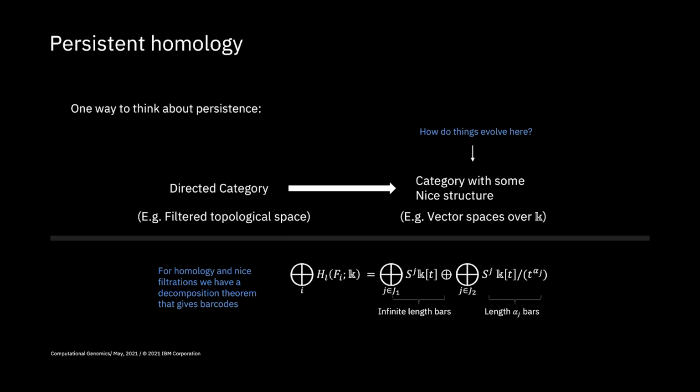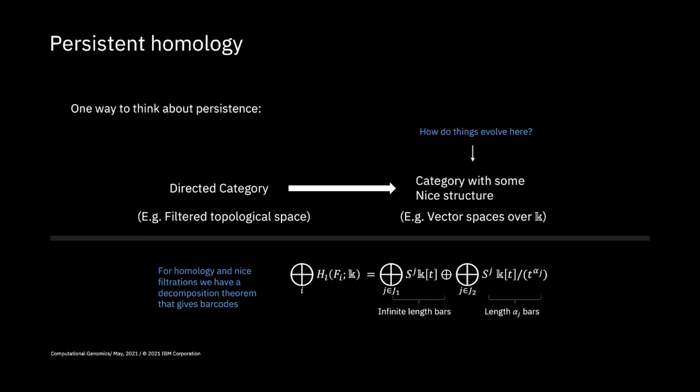And in particular for homology and nice filtrations, we have this decomposition theorem that provides us with a way to very concisely summarize what features are important in this filtered topological space.